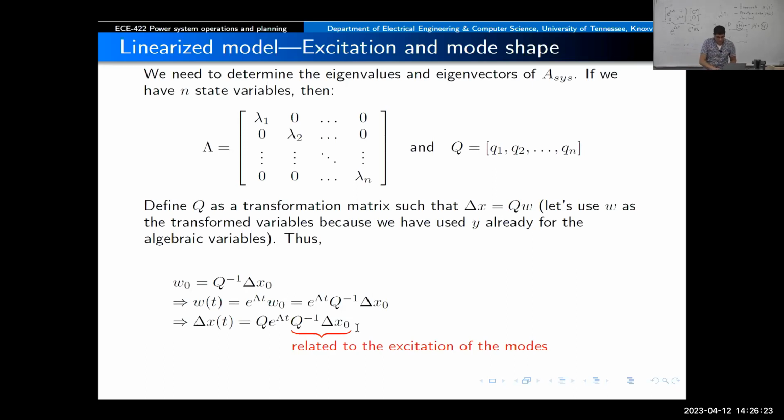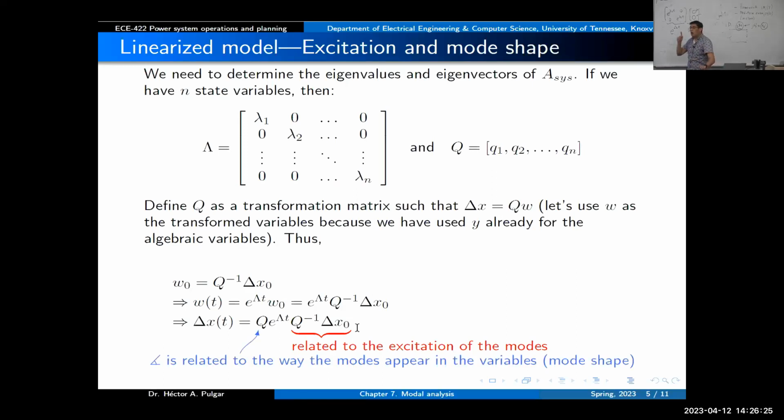Because these are complex, we're not going to look at the magnitude, but at the angle of that term. In the case when that component for one variable is 1 and the other is -1, what is the angle of this? 0. What is the angle of this? 180 degrees. So in that case, we will say that they are in counter phase.